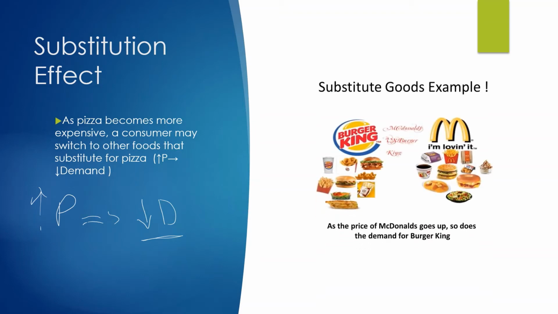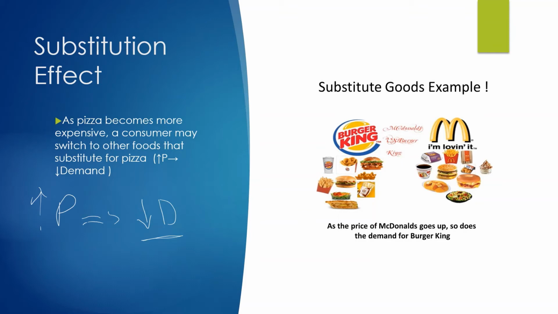You can again take the example of a McDonald's meal and the meal offered at Burger King. If the price of, let us say, the Happy Meal at McDonald's increases, then there are people who would like to buy the Happy Meal from Burger King. Why?